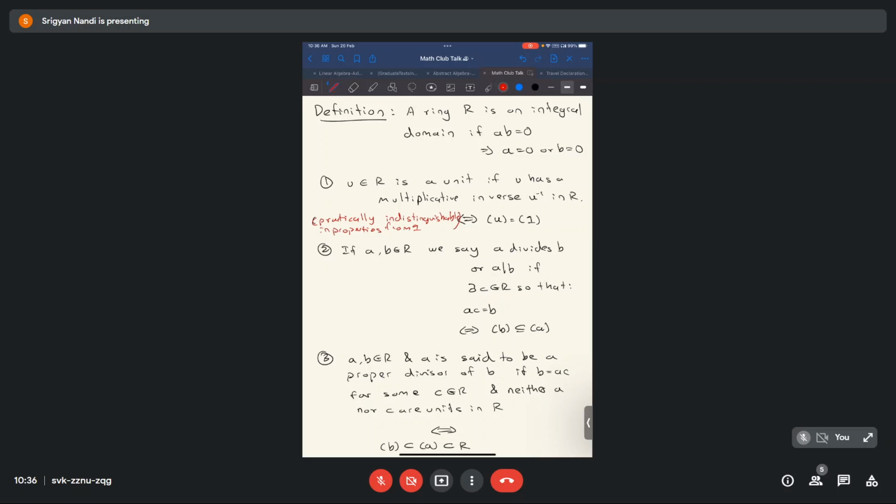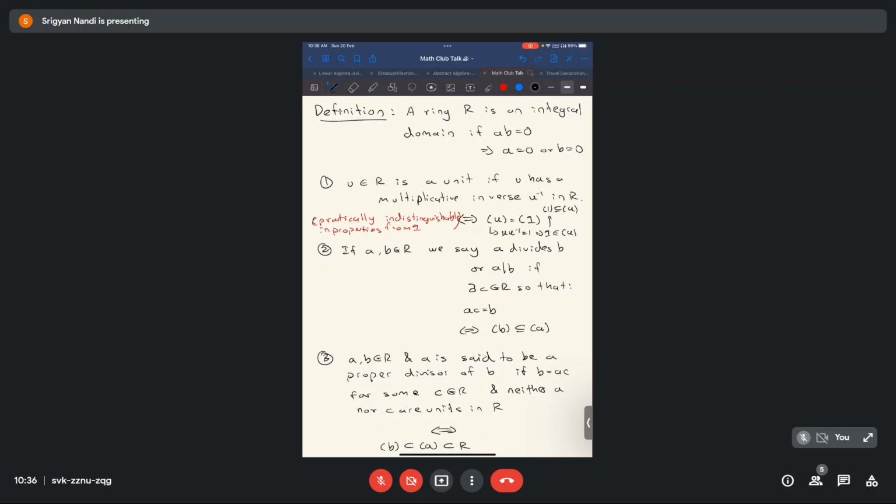And this is since U has a multiplicative inverse, we have that the ideal generated by U will be the ideal generated by one. And again, this should be fairly trivial, since the ideal generated by U should contain U inverse, which should be equal to one, which implies one belongs to the ideal generated by U, which again implies that this ideal is contained in U.